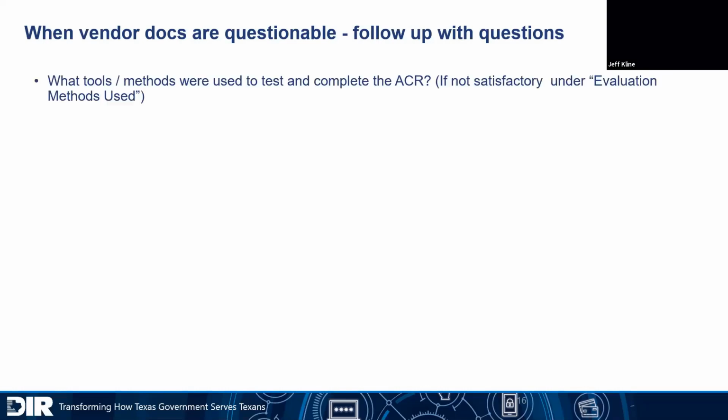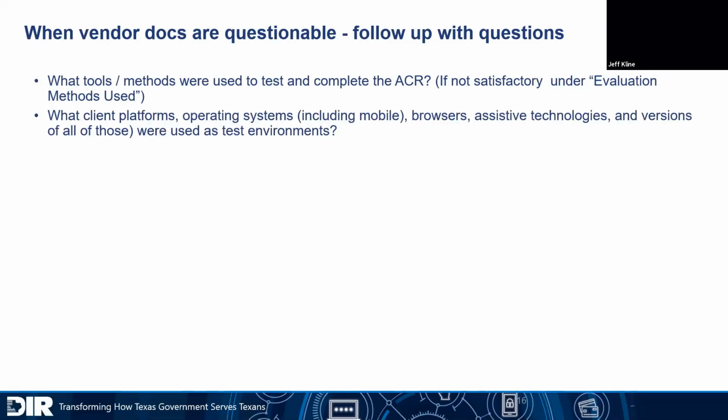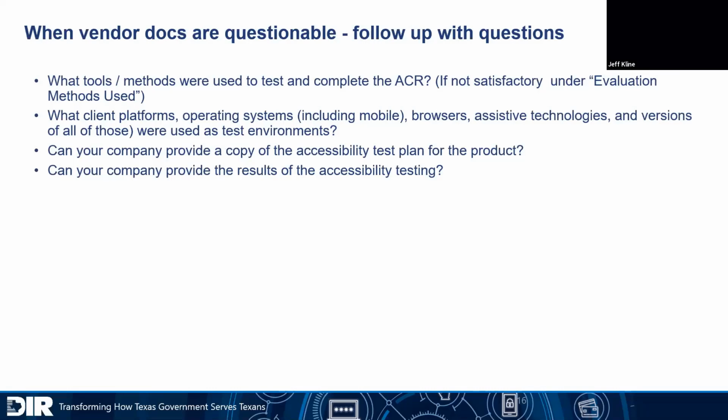What tools and methods were used to complete this ACR? If you're not satisfied with what they put in the evaluation methods and the responses don't look credible. What client platforms, operating systems, mobile browsers, assistive technologies, and versions were used as test environments? Can your company provide a copy of the test plan for the product? Can they provide results of the accessibility testing?